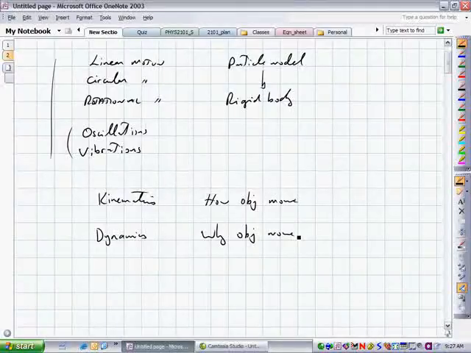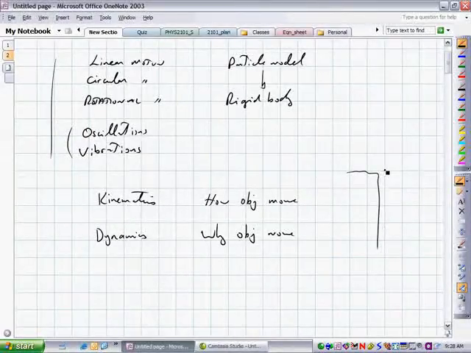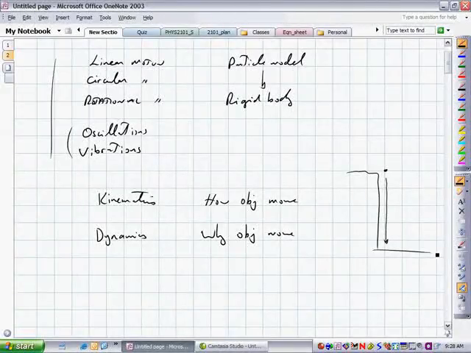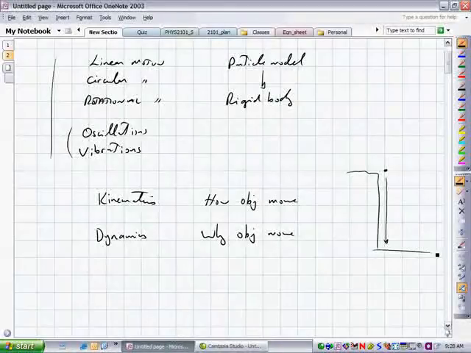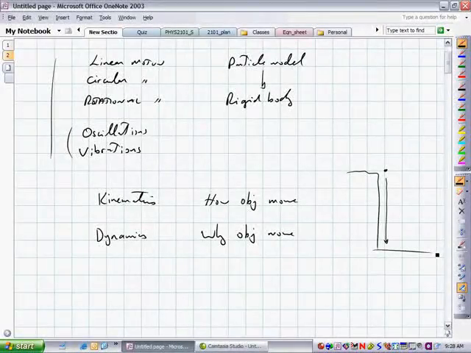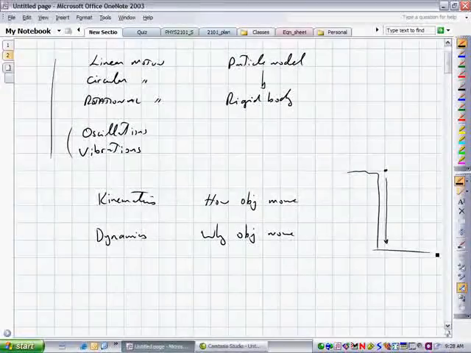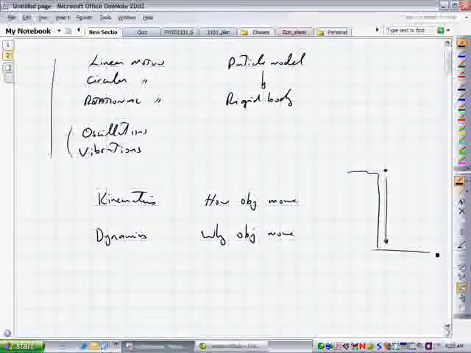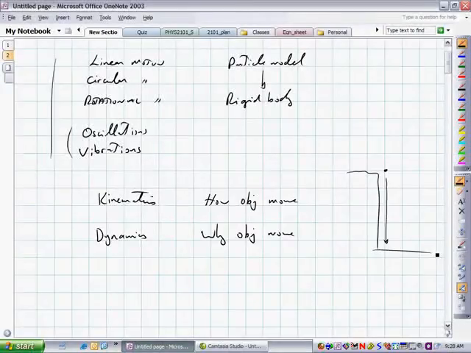For example, if you were to drop a rock from the top of a cliff, as you know, the rock will follow a linear trajectory down towards the ground. Kinematics describes the motion of the rock as being a linear fall downwards, and dynamics of this motion describes why the object follows that linear motion downwards.